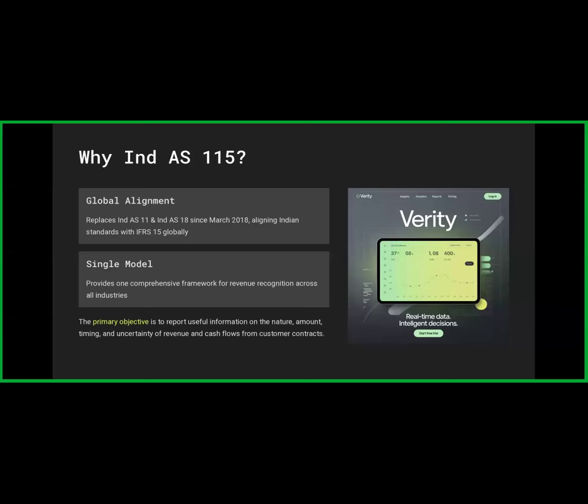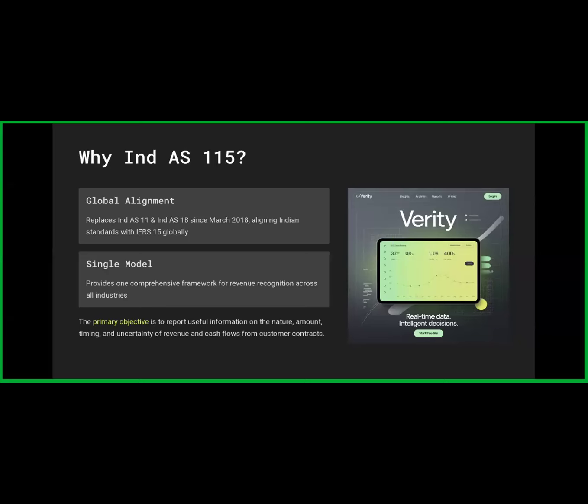It replaces AS 11 and AS 18 since March 2018. In March the process of this Ind AS 115 was complete, and from 1st April 2018 the implementation of Ind AS 115 starts. From then onwards all companies recognize their revenue or put their values in the financial statements as per Ind AS 115.